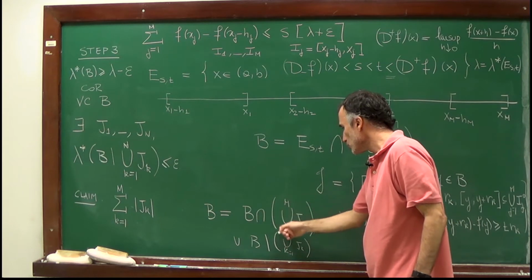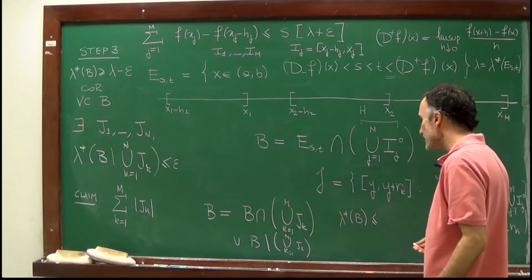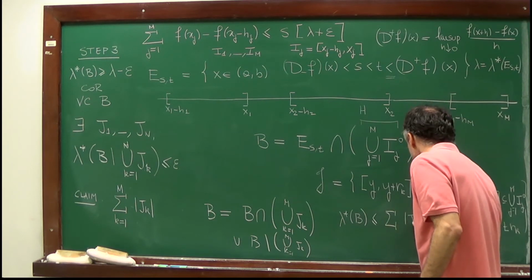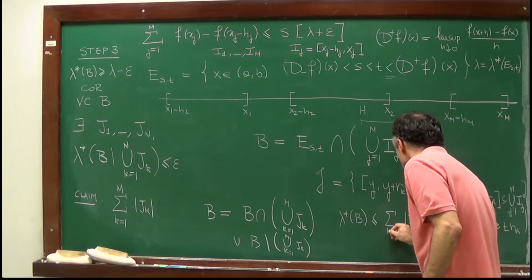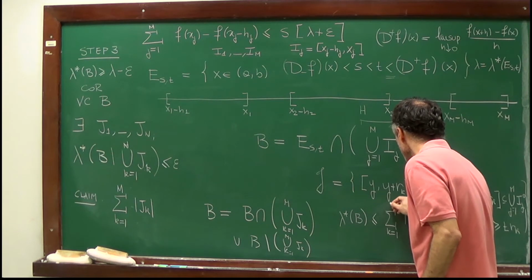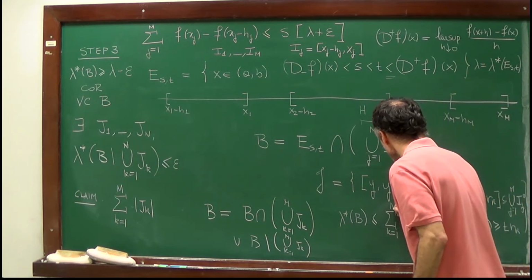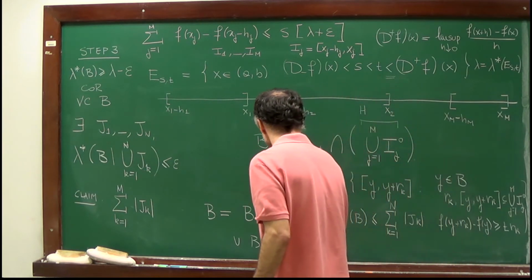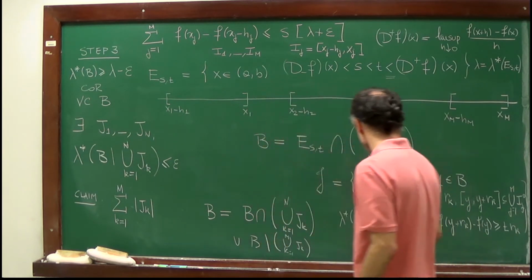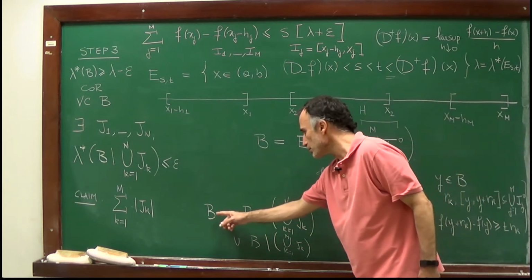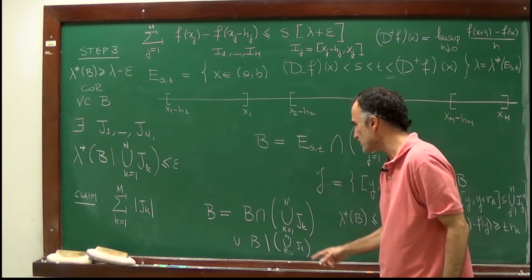So the total measure of this set is equal to the sum of the lengths of the intervals, n, and it's always n, I'm writing n. Right? So the outer measure of this set is bounded by the sum of these outer measures.